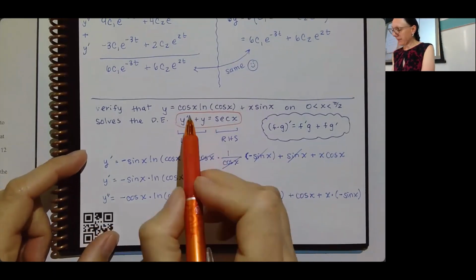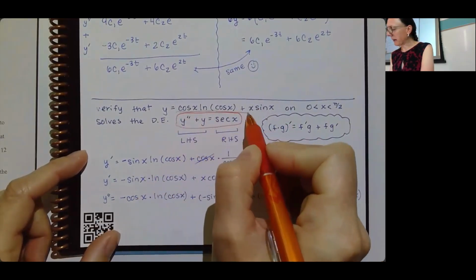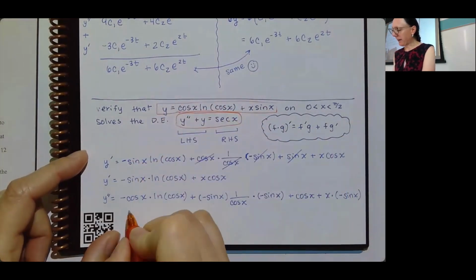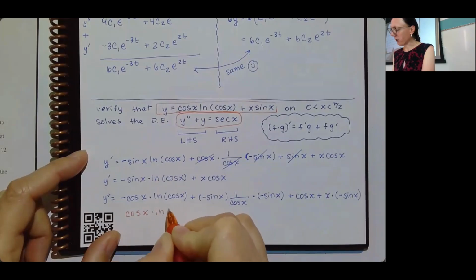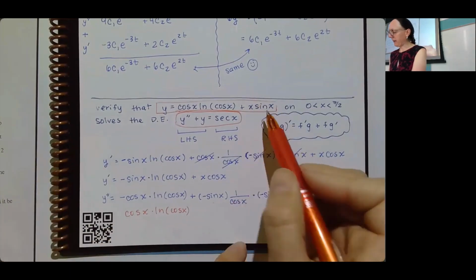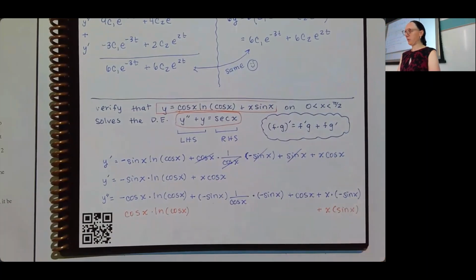And so here's my y function hiding up in here. So I'm going to add in cosine x times natural log of cosine x. And I'm going to add in x times sine x. And the reason I've done it the way that I did is because conveniently these parts are going to simplify.